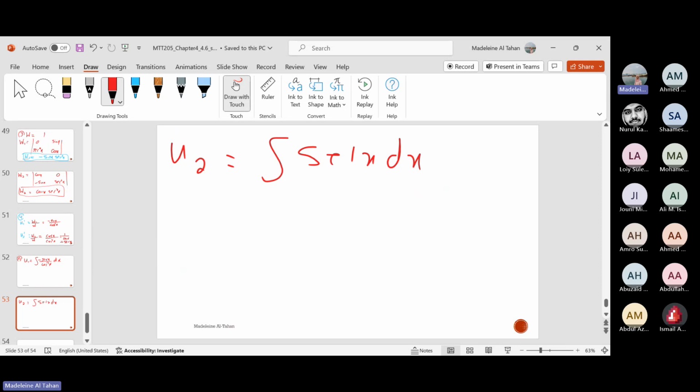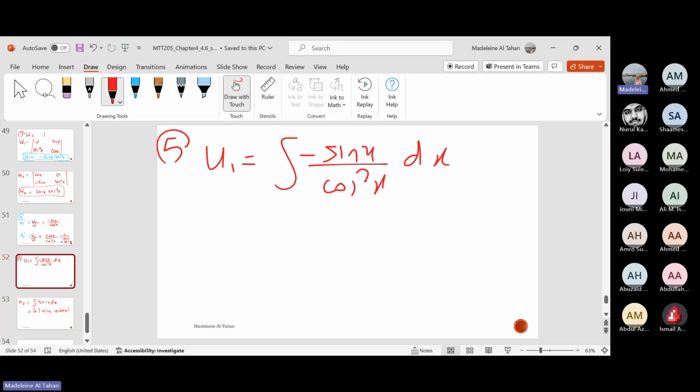Again, who would like to remind us about the integral of secant x? Ln absolute secant x plus tan x. Evaluate this integral, miss. U1 is minus secant.